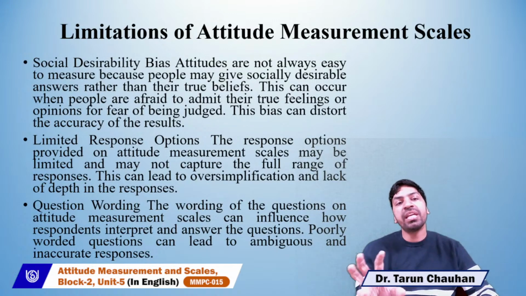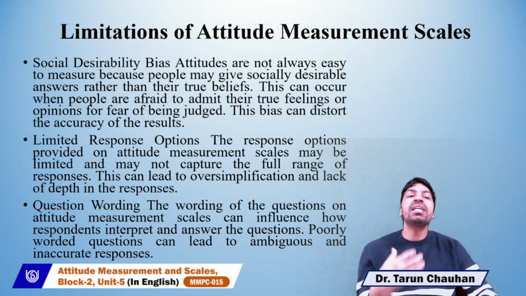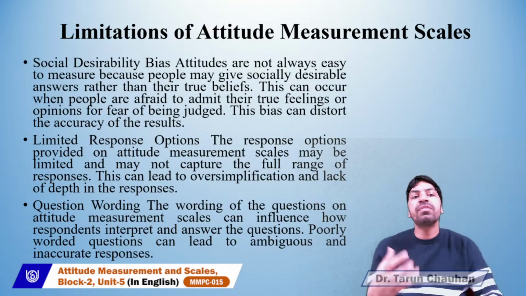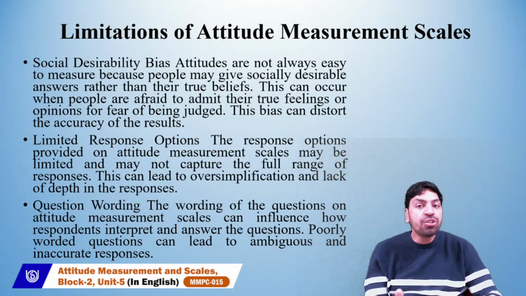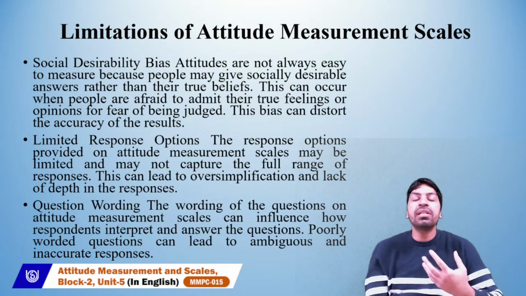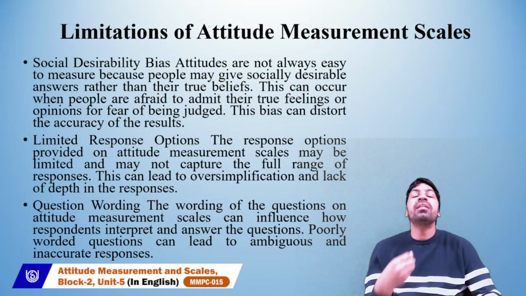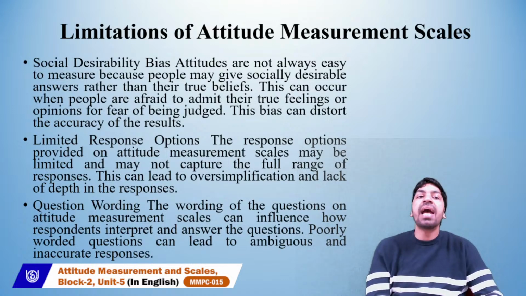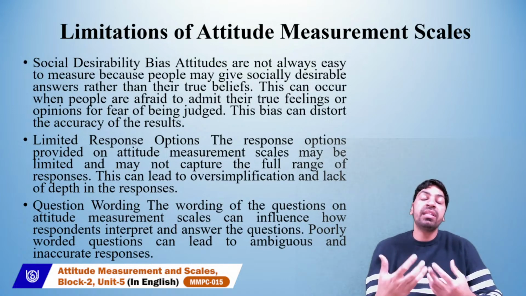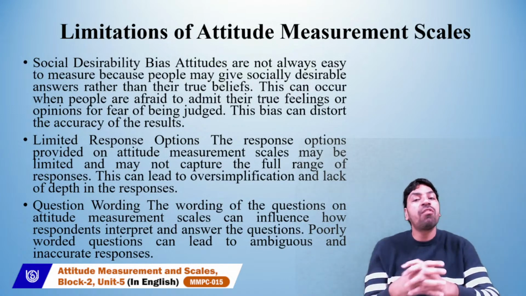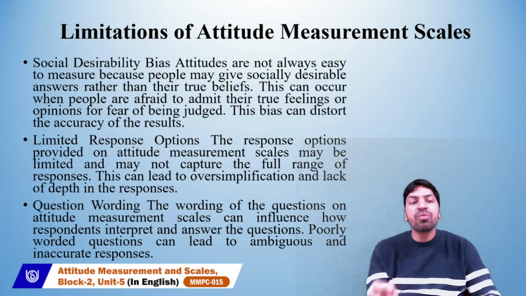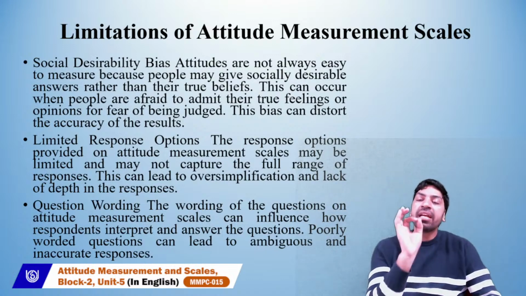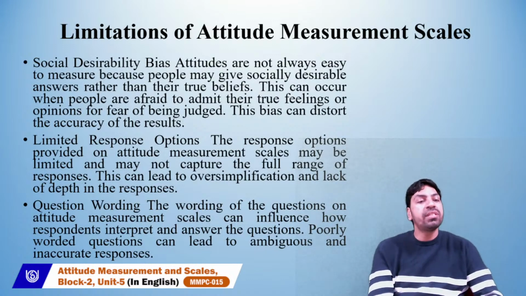This bias always occurs with social concerns or social issues, and it does not portray the respondents' true feelings and opinions because they are in fear of being judged. So these biases do not portray the accuracy of the results.